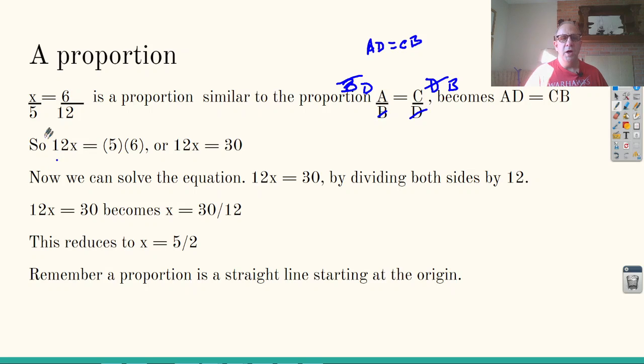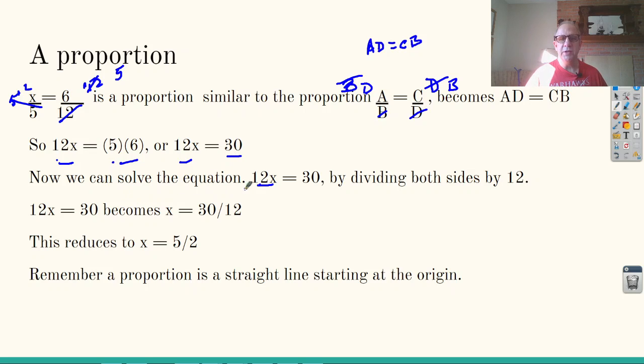So x over 5 equals 6 over 12. If I multiply both sides by 12 and both sides by 5, so I'm just telling you I'm multiplying. These are going to cancel out. The 12s on this side are going to cancel out. So I'm going to have 12 times x equals 5 times 6, or 12x equals 30.